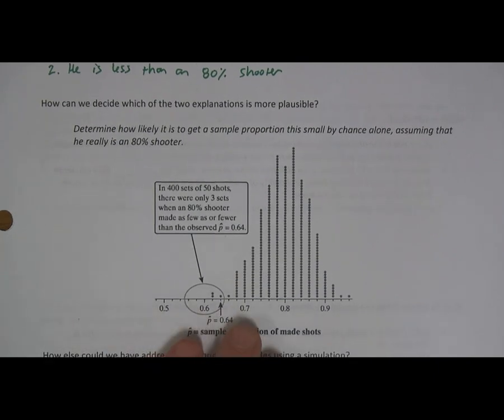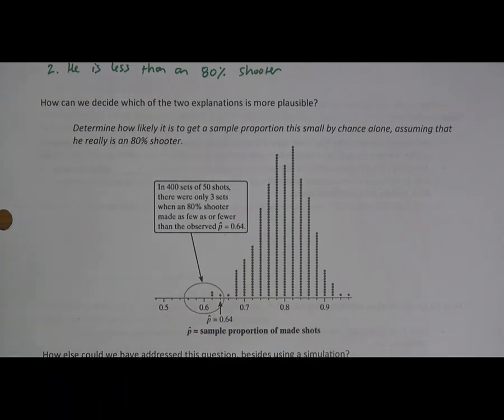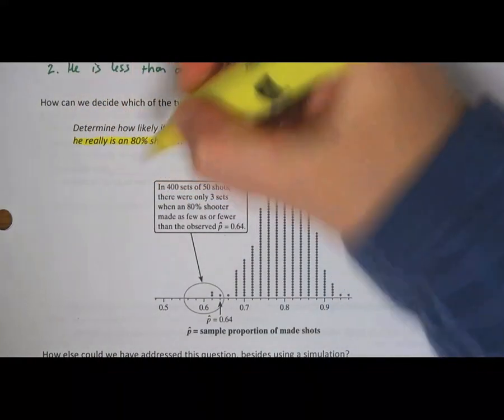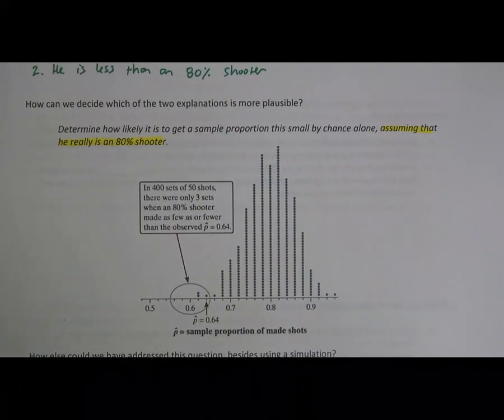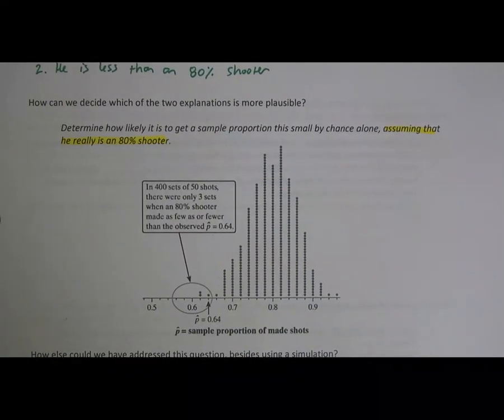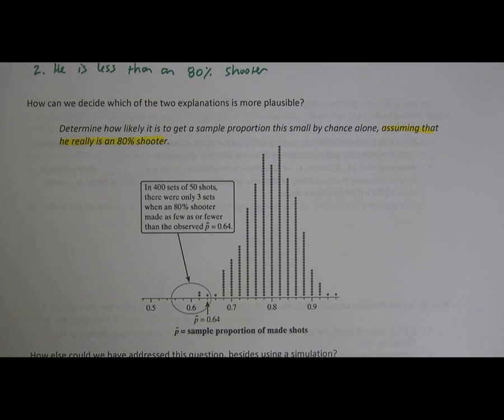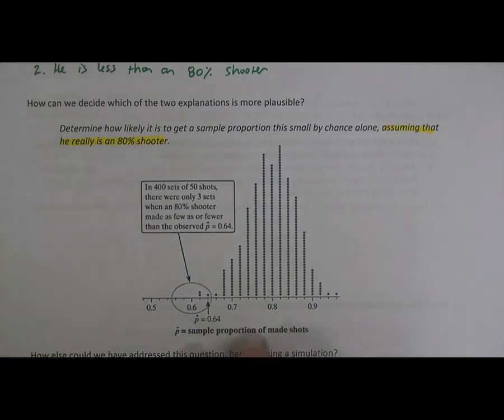So I want you to look at this dot plot here, and I want you to look at this phrase that's really important: assuming that he really is an 80% shooter. If he truly is an 80% shooter, that's what's being simulated here.